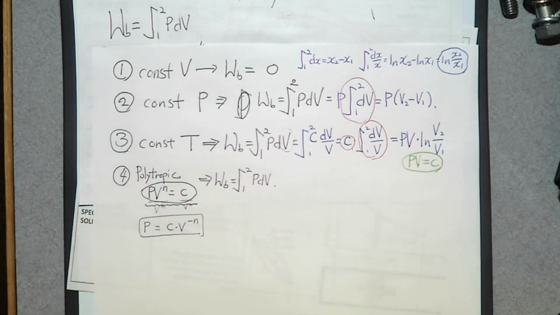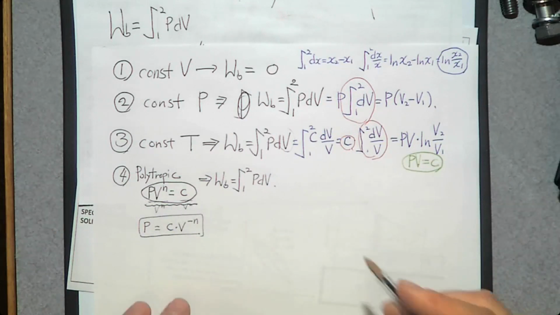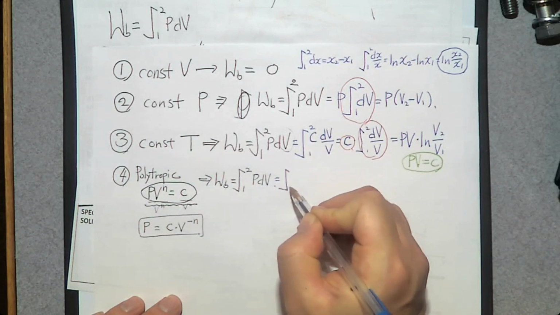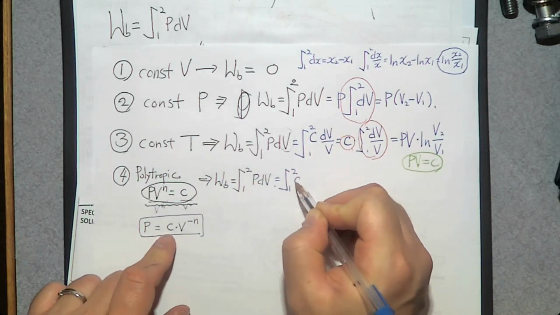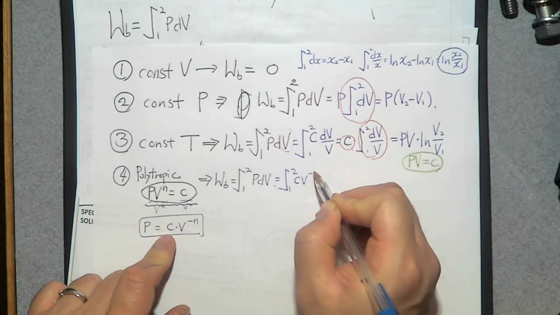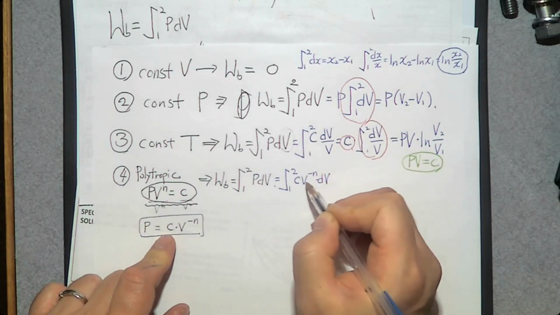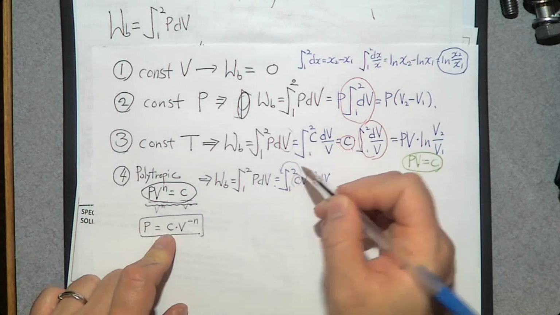If you divide each term by V to the power n, 1 over V to the power n is V to the power minus n, right? Then this equation becomes the integral from 1 to 2 of C V to the power minus n dV. Then C comes out.